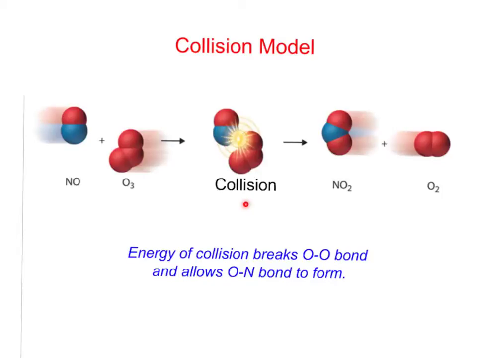The energy from that collision is great enough to break the oxygen-oxygen bond right here in the ozone, and it allows the oxygen-nitrogen bond to form. If you see here, this bond is breaking between two oxygens, and there is a bond here that is forming between an oxygen and a nitrogen, and that gives us our two products.